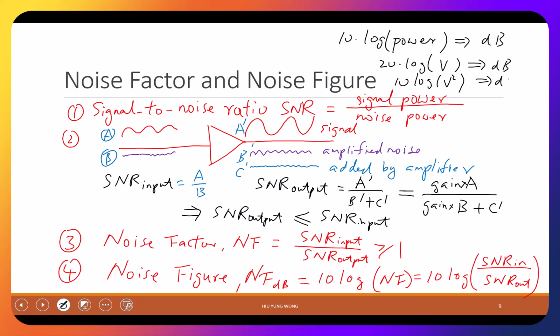It gives you dB, because we know the voltage squared is related to the power. V square is just like power, so we use 10 in front. If you take the voltage, then you will need to multiply by 20. And usually this is referred to a reference, which I did not say here. You need to divide by the reference power or reference voltage. Here we are finding the relationship between these two. And that's how you get the noise figure and noise factor.